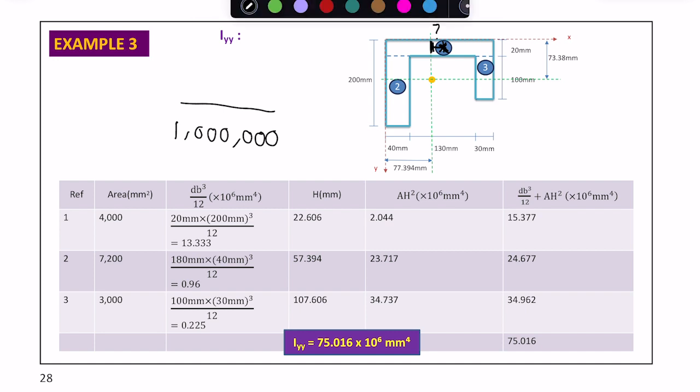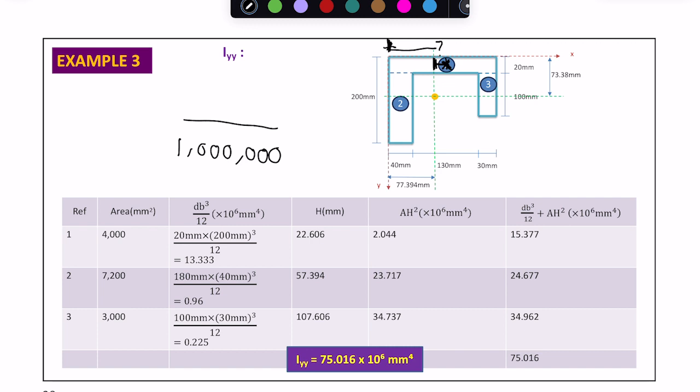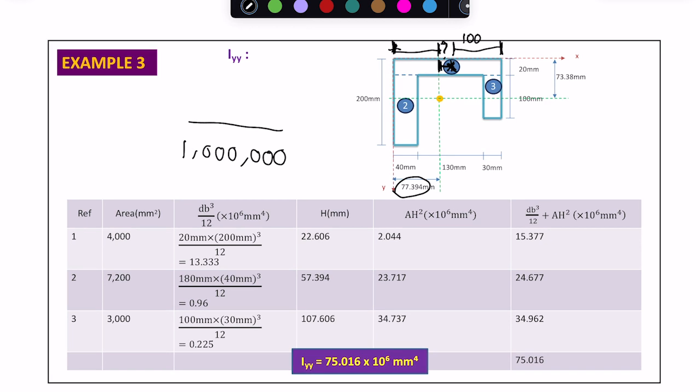For this one, from the y axis to the overall centroid, we already have this value, 77.394. However, for this one, we need to find the distance that I marked with the question mark. Because we know the width of this rectangle is 200 mm, the centroid must be half, so half of 200 is 100.